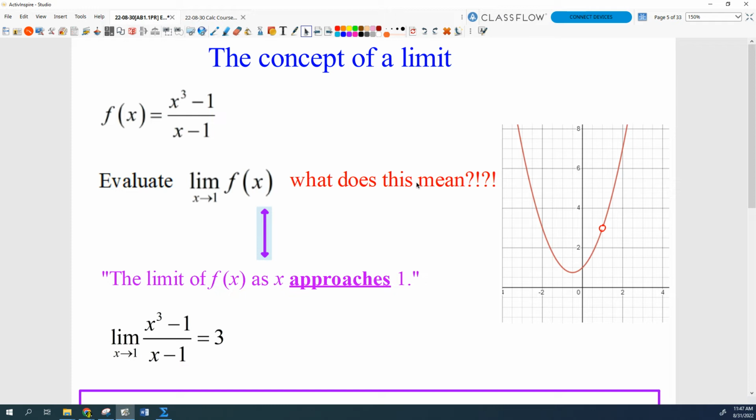As x approaches 1, what does approach mean? When you're approaching something, you're getting near to it, right? Like, remember this example we used to do in Algebra 2 a couple times? If I'm walking towards my door, remember this one? If every second for eternity I cut the distance to the door in half, do I ever get to the door? Never get there.